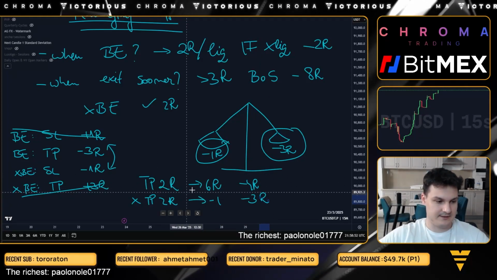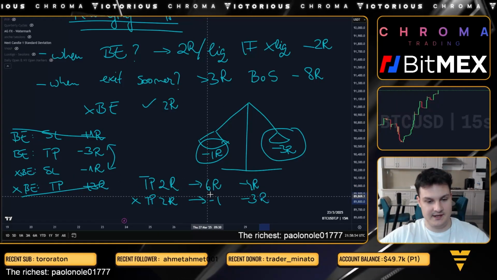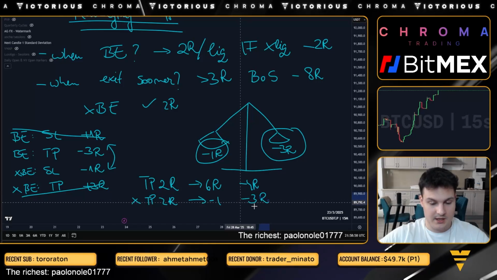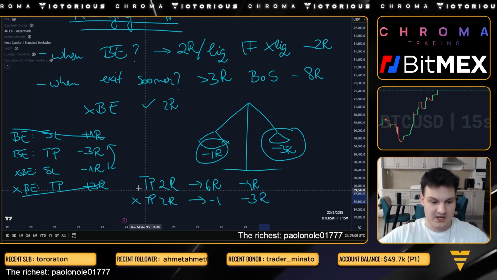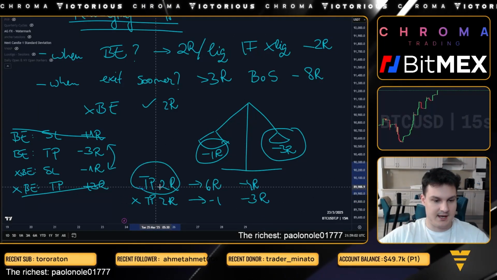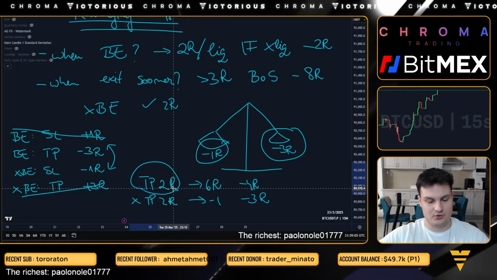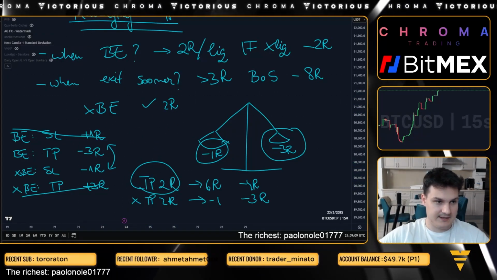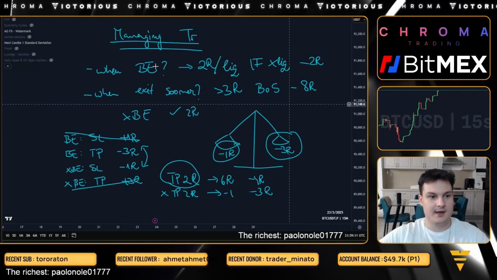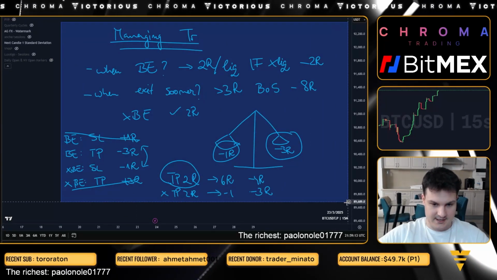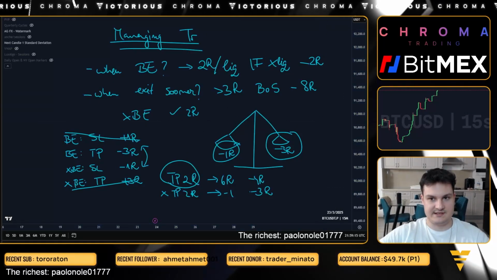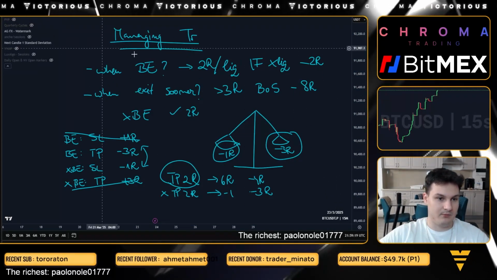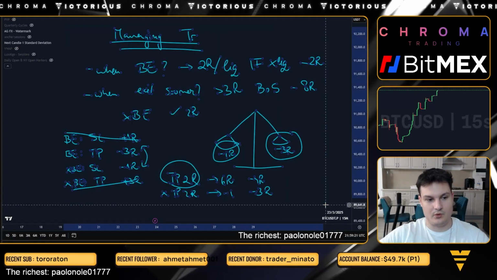What feels worse? Exiting the trade sooner and seeing it run more, or not exiting the trade sooner and round tripping it? For me, round tripping feels worse. So my conclusion is that I would rather TP all my trades at 2 hours and not move stops break even. But again, these are conclusions that you need to take not only statistically, like what brings you more profits, like I did in this case, but also taking into account your emotions and what feels good and what doesn't feel good.